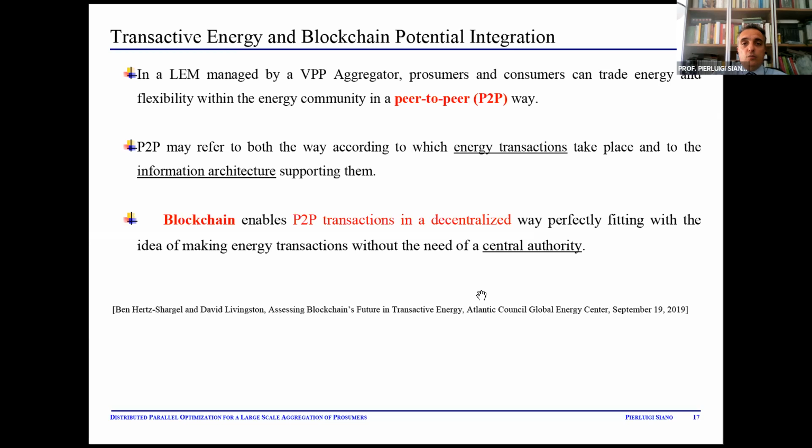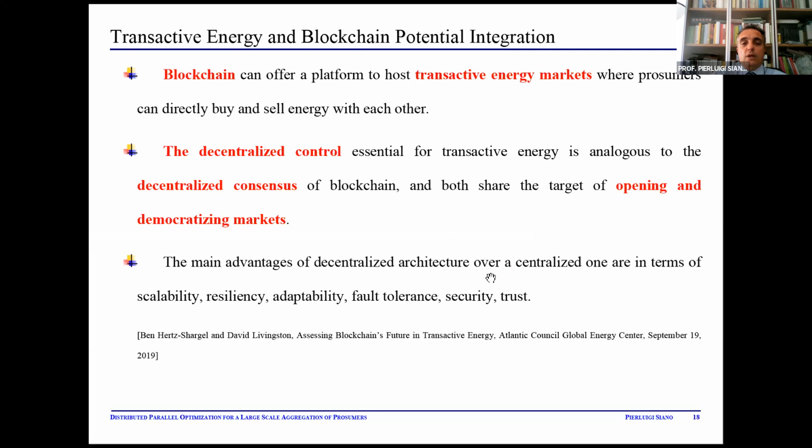Blockchain enables peer-to-peer transactions in a decentralized way, perfectly fitting the idea of making energy transactions without the need of a central authority. Also, blockchain can offer a platform to host transactive energy markets where prosumers can directly buy and sell energy with each other. The decentralized control essential for transactive energy is analogous to the decentralized consensus of blockchain, and both share the target of opening and democratizing markets.